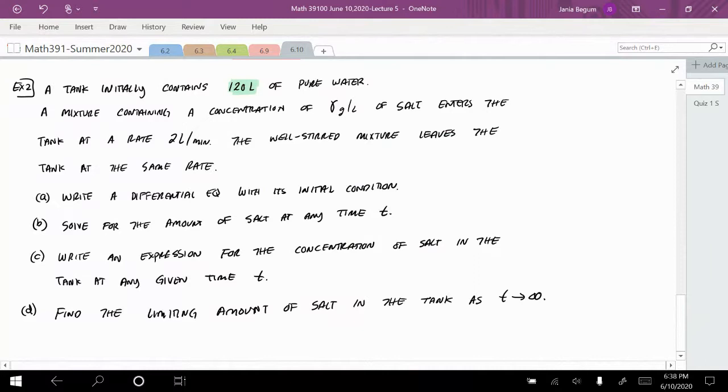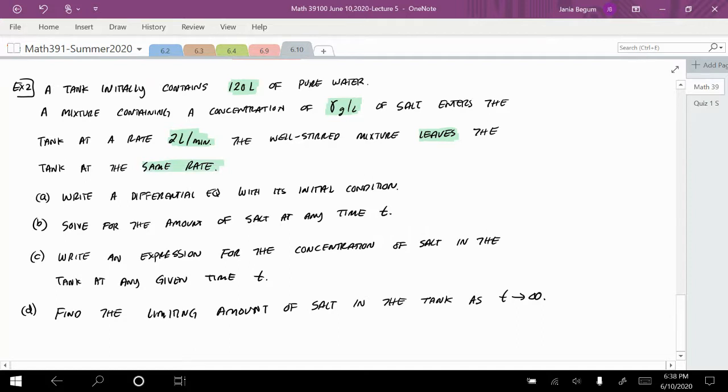A mixture containing a concentration of gamma, so that's just a number, right, of salt enters the tank at a rate of 2 liters per minute. So we have concentration in, rate in, it's well stirred and leaves the tank at the same rate. So rate in and rate out is the same.